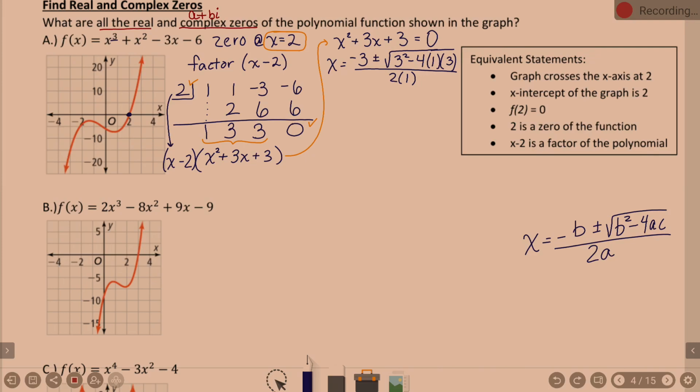Okay. Clean up. Negative b is negative 3, plus or minus the square root. 3 squared is 9. 4 times 1 times 3 is 12. 9 minus 12 is negative 3. Are you guys with me if I say there's negative 3 under the square root, all over 2?